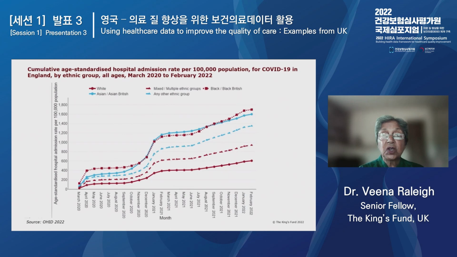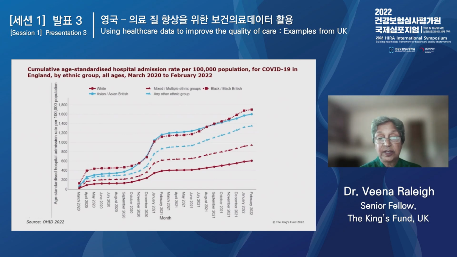Now, this is an example. I'd mentioned earlier that inequalities is a big concern in the UK. And this shows cumulative age-standardized hospital admission rates per 100,000 population for COVID-19 in England by ethnic group.